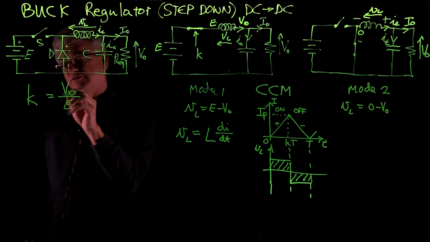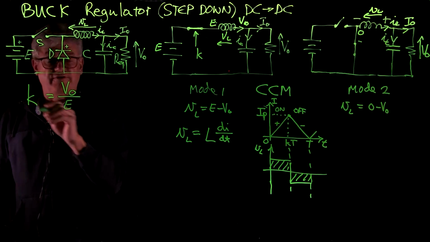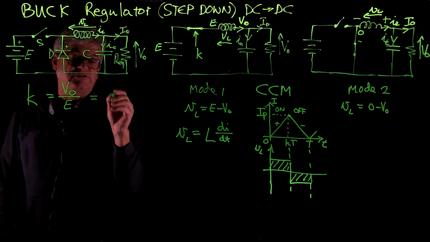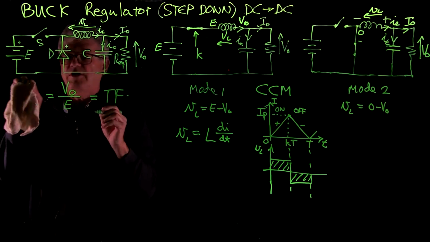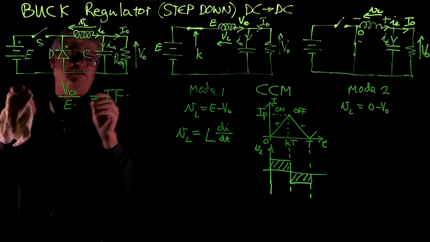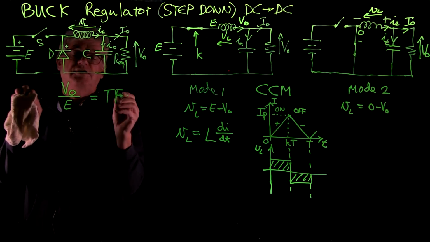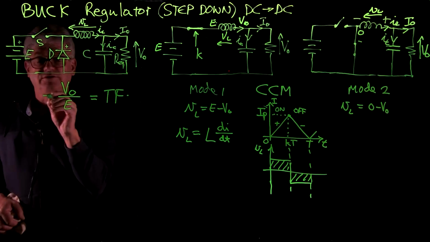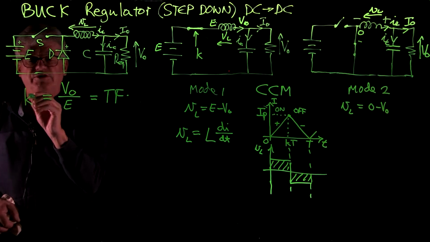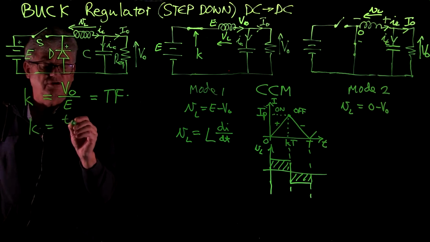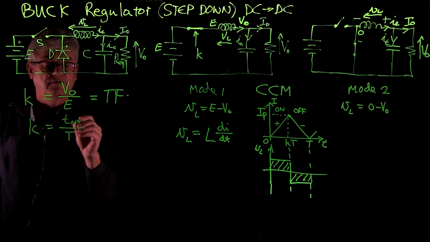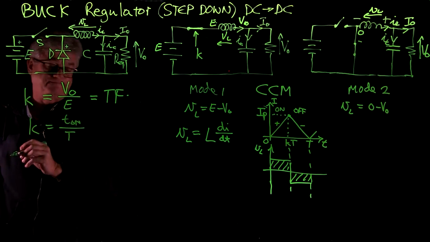And we would like to derive this ratio here because this is also the transfer function. So what we know is that V out over E is the transfer function, and we want to show that it is equal to the duty cycle K, where K is equal to T on over T.